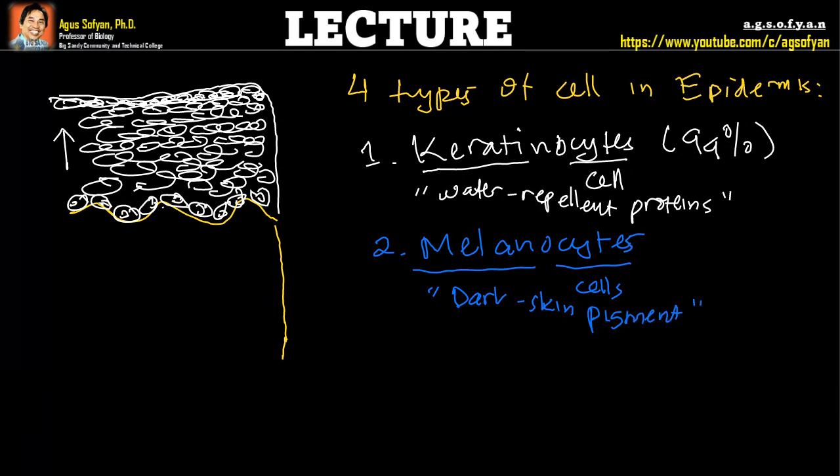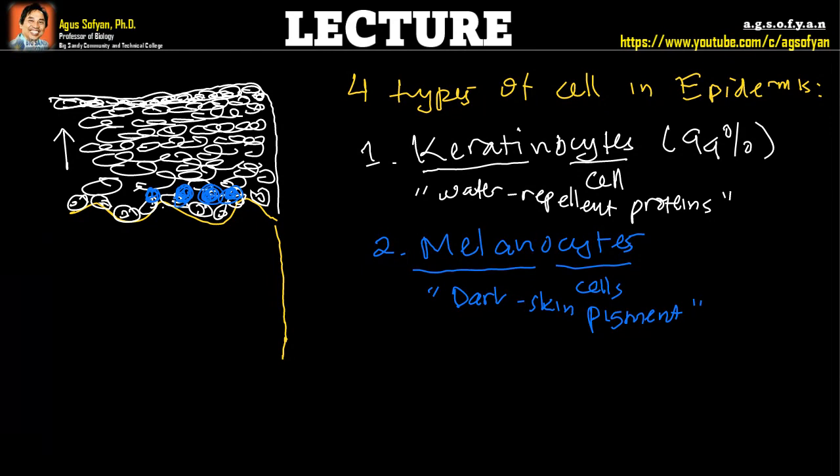So this name is telling you that this cell produces melanin, which is the dark skin pigment. They are scattered mostly close to the stratum basale.